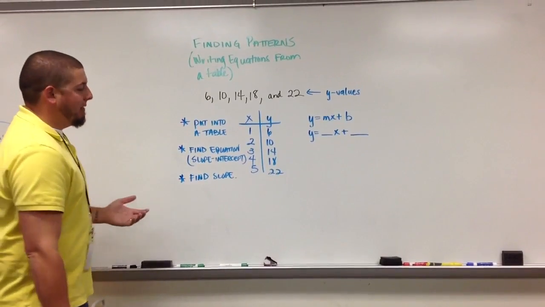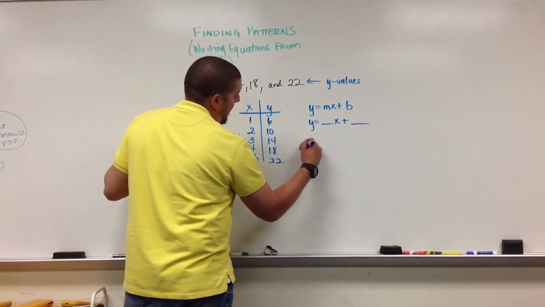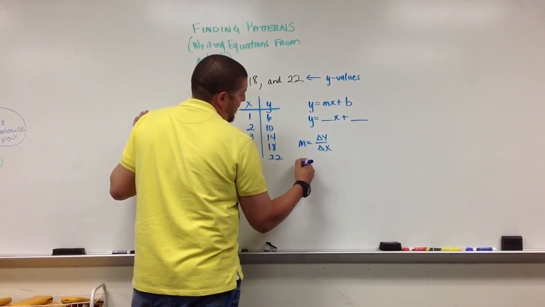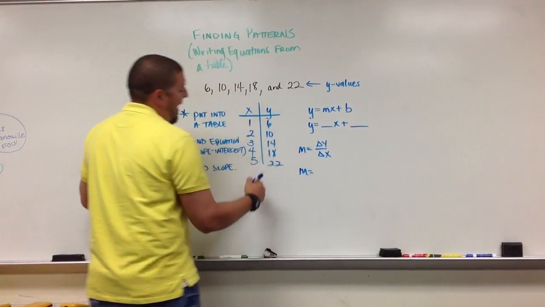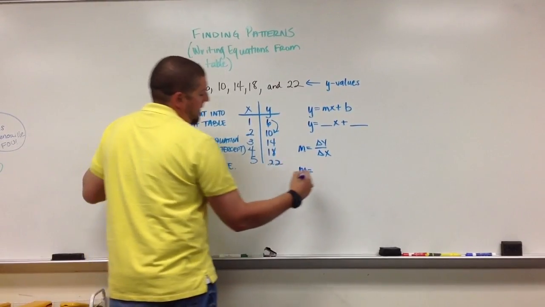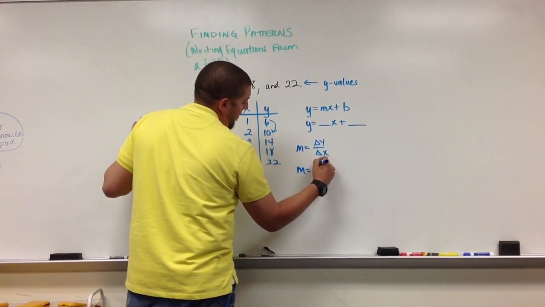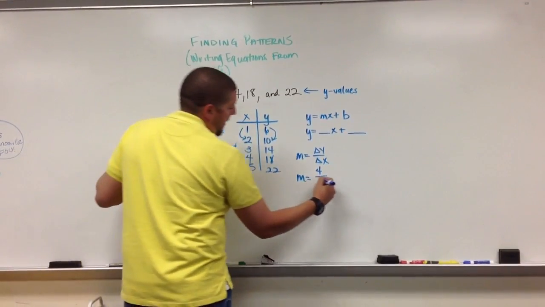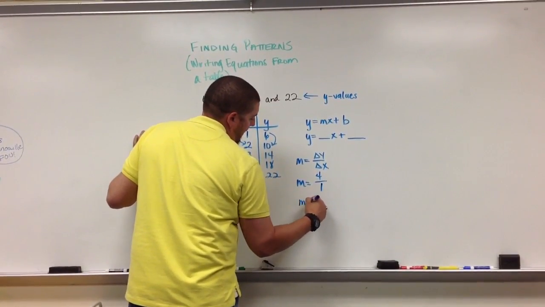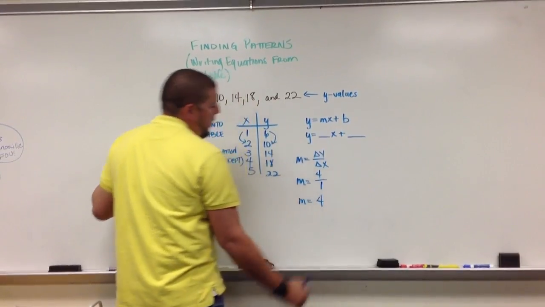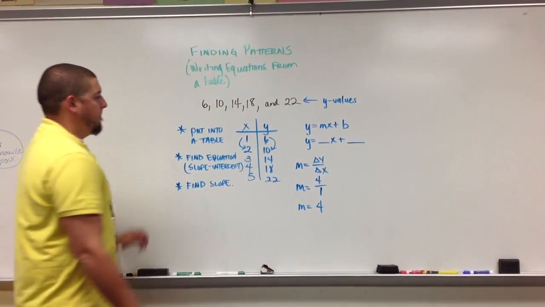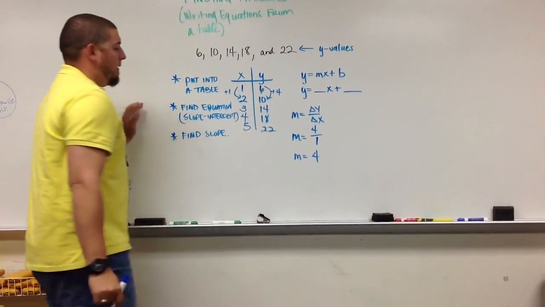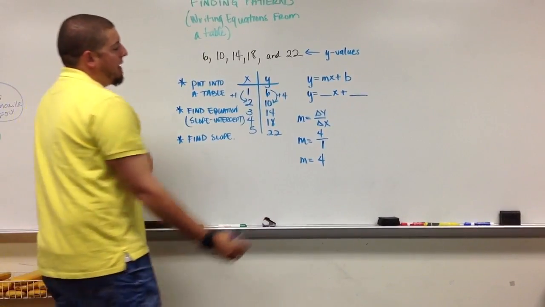Okay, so if I want to find my slope, finding slope from a table is change in y over change in x, the rate of change. So in this case, my change in y is plus 4, right? So positive 4 over my change in x is 1. So my slope is 4 over 1, which is 4. Okay? So then that goes in that first blank.